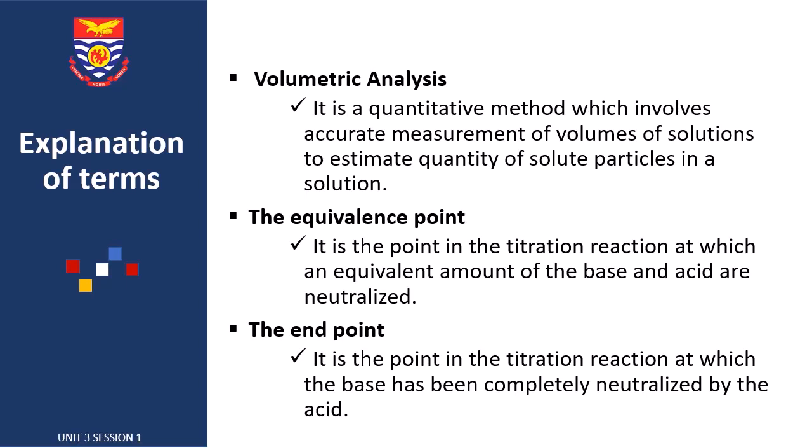That is when you are using color indicators. The end point is a point in the titration reaction at which the base has been completely neutralized by the acid, or the acid has been completely neutralized by the base.